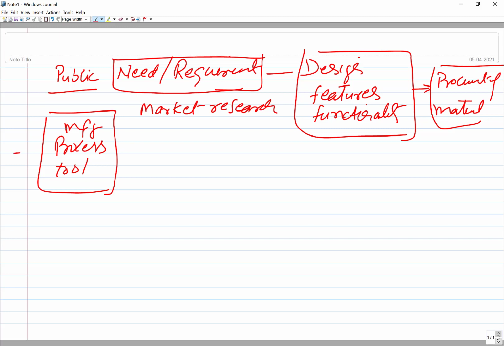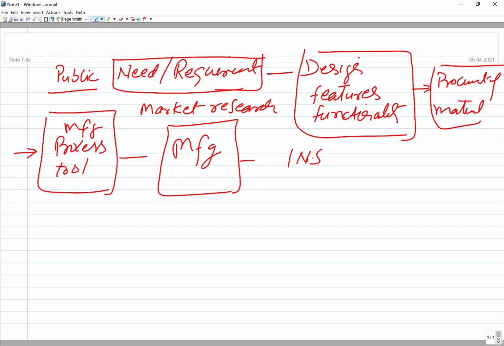And once these things are arranged, you go for manufacturing, you go for production. Once the product is manufactured, you check it for its suitability, if it is really as per the design. So inspection and testing of the manufactured products is carried out. This is called final inspection.